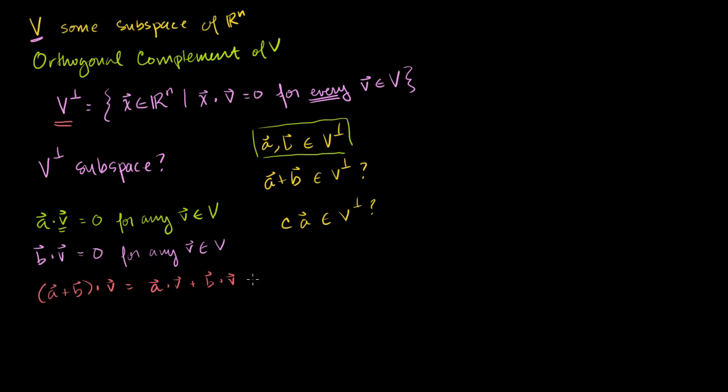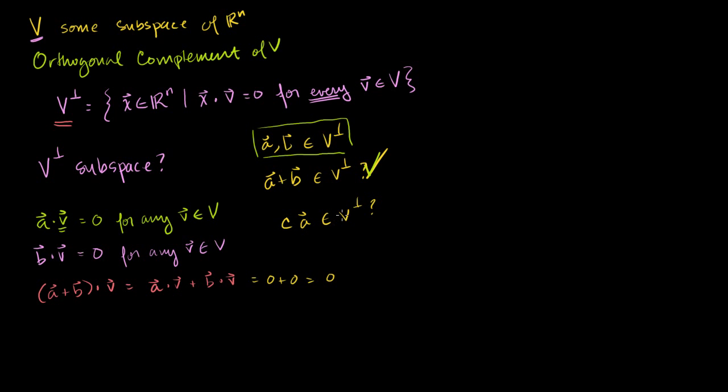So this is going to be equal to 0 plus 0, which is equal to 0. So A plus B is definitely a member of our orthogonal complement. So we got our checkbox right there. Check for the first condition for being a subspace.